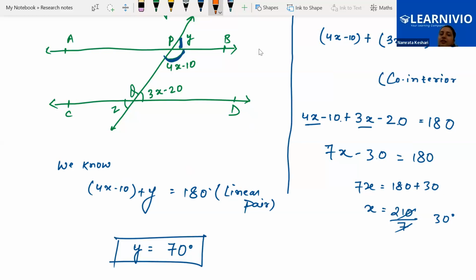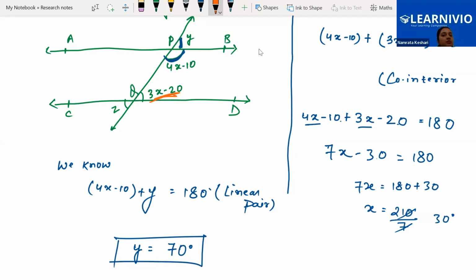Can we say that y and z are alternate exterior angles? Yes, ma'am. So whatever is y, that is z. Or maybe we can also say z is vertically opposite to 3x minus 20.